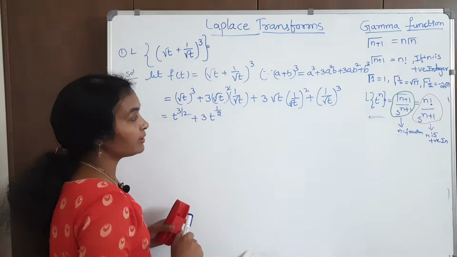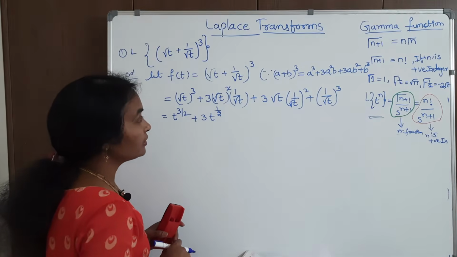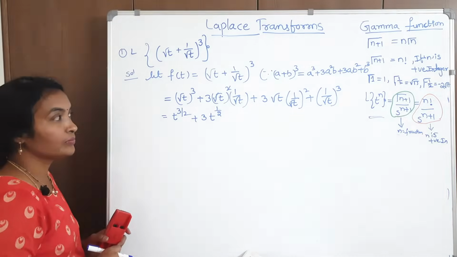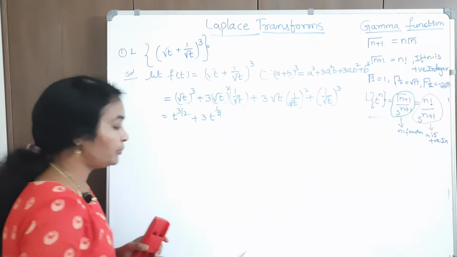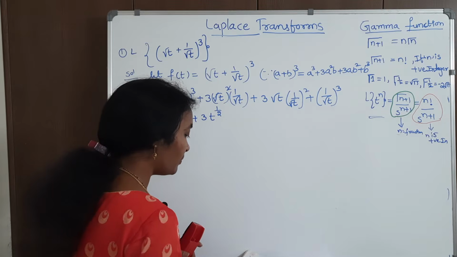Okay. Then next, this is what, square root gets cancelled. Then what is our remaining term? This is 3 to the power of 1 by 2, 3t to the power of 1 by 2.